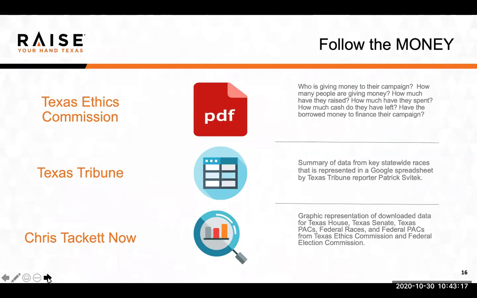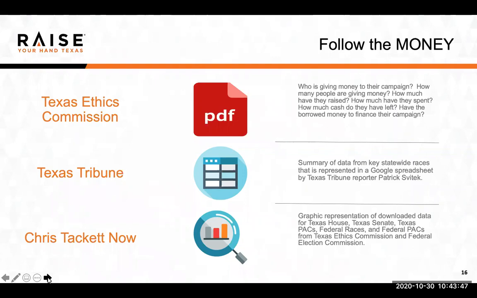The second source is the Texas Tribune, a nonprofit online news organization based in Austin. They have a reporter who is tracking the data from the Ethics Commission for some key races. It's just a summary, a helpful tool to give you an overview of what's happening in the state, and you can compare and contrast.